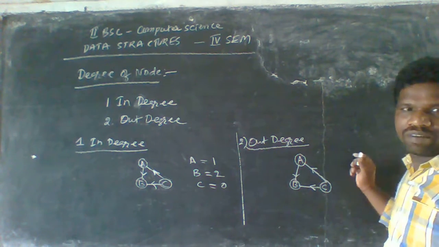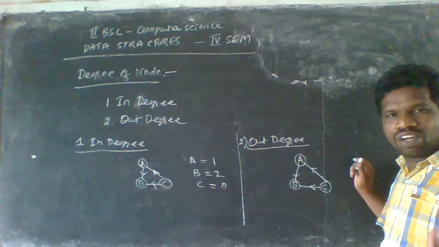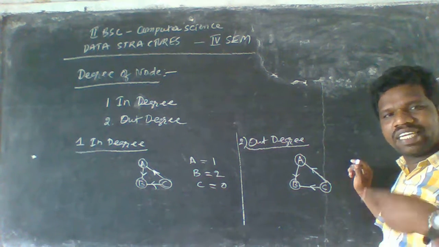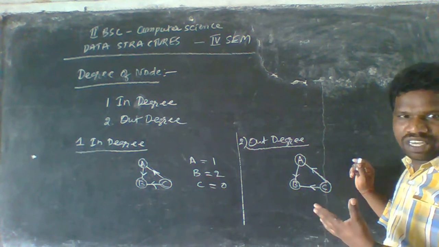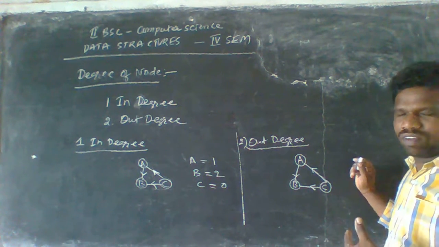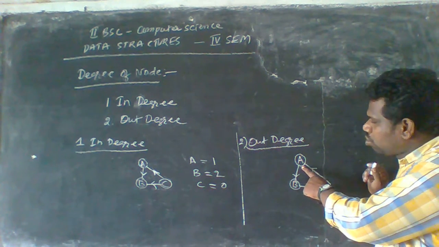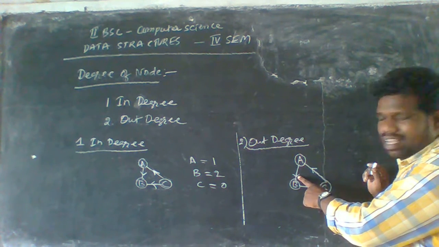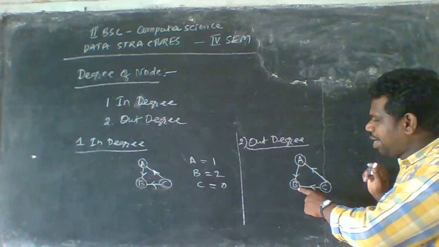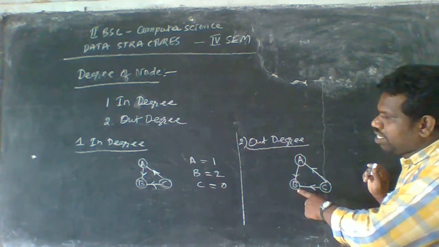Here we count only outside degrees. That means how many edges are going from this node. We count those edges only. A has only one edge going out, which is A to B.